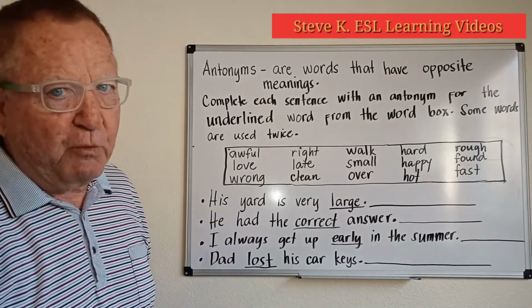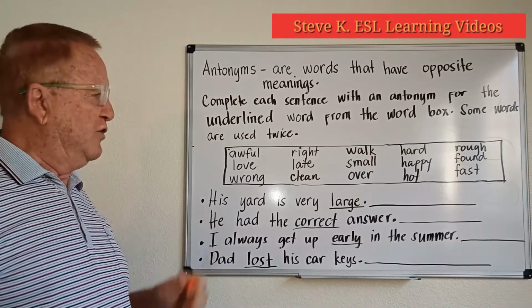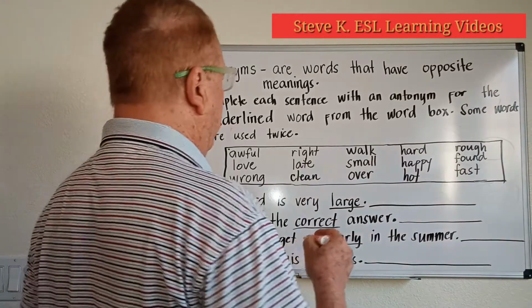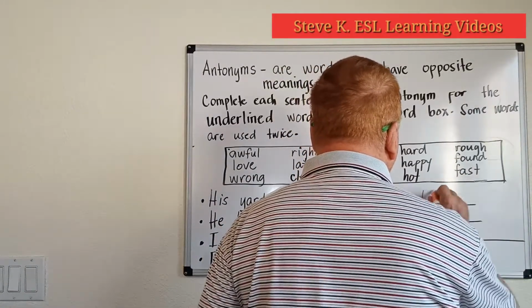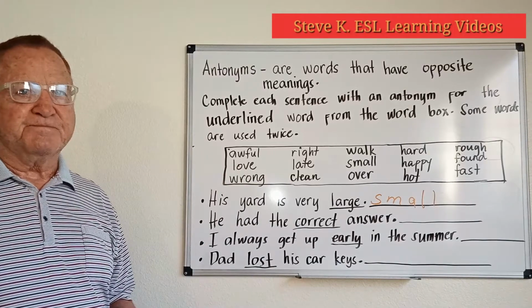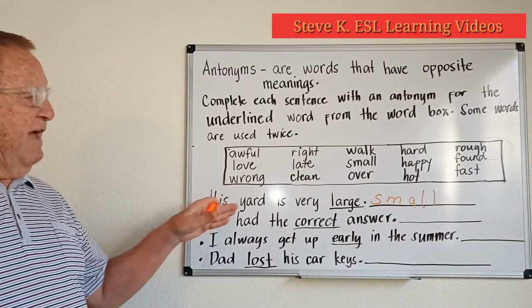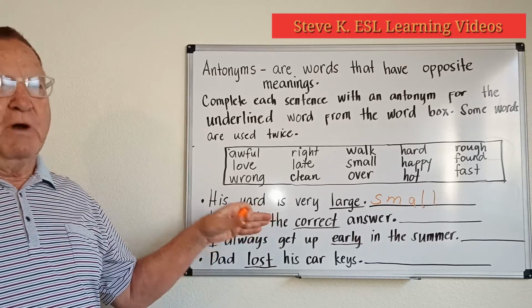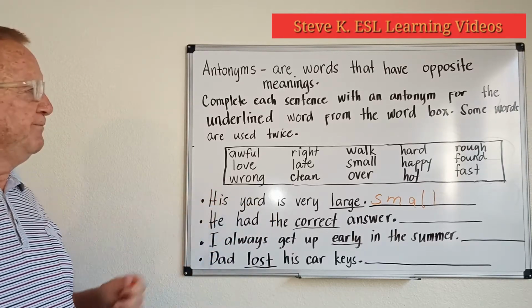What word from that word box would be the opposite meaning of large? Okay, so it would be small. His yard is very small. The next one, he had the correct answer. What will be an opposite meaning of correct?